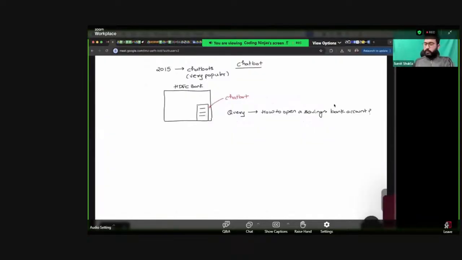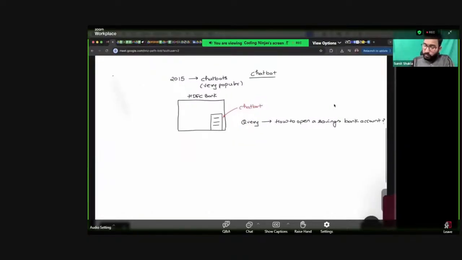When you put a query on this chatbot, which is available on the HDFC Bank website, it will take your query and go inside the database it has been trained on. Let's call it the FAQ database. In this database, there will be n number of questions and their respective answers: question, answer, question, answer, and so on.